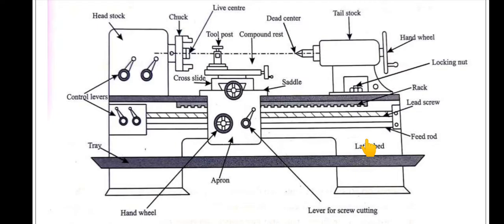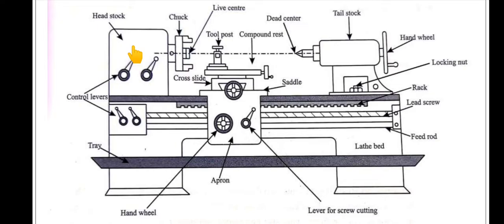The headstock and tailstock are mounted on the inner guideways, and the carriage assembly is mounted on the outer guideways. Now, what is the headstock?